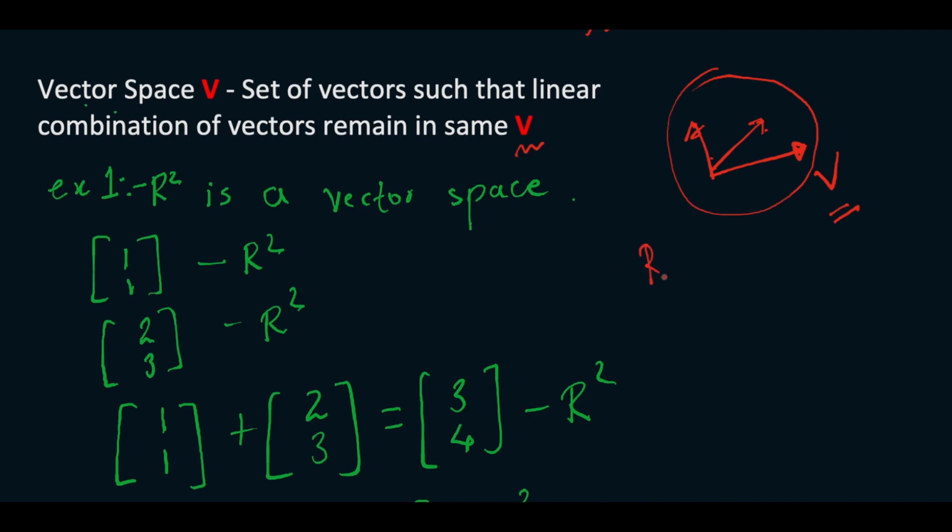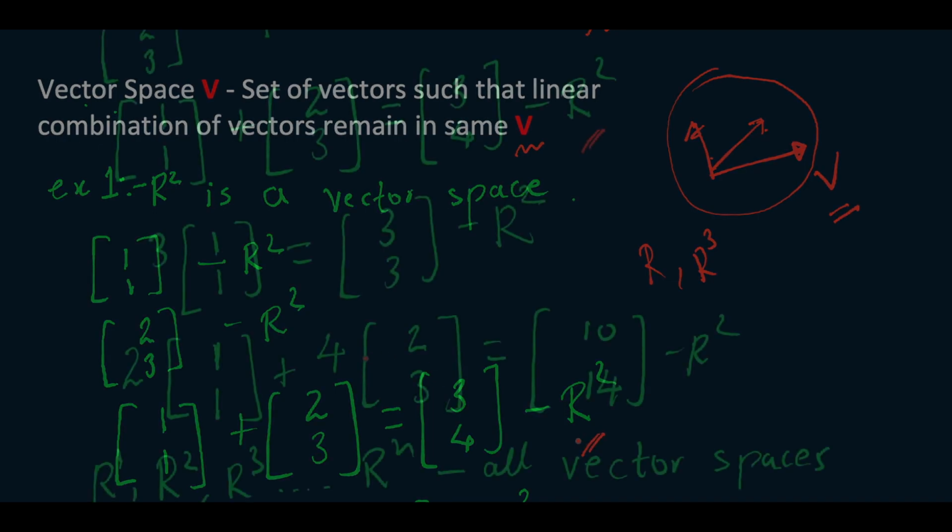Similarly, R and R cube are their own vector spaces. Now let us take R square. (1, 1) is a vector because it is in R square. (2, 3) is also a vector of R square. Now when you take the linear combination, here we take 1 times the first vector plus 1 times the second vector. So (3, 4). (3, 4) is also in R square.